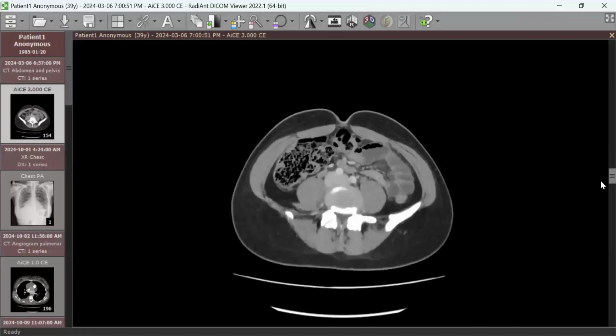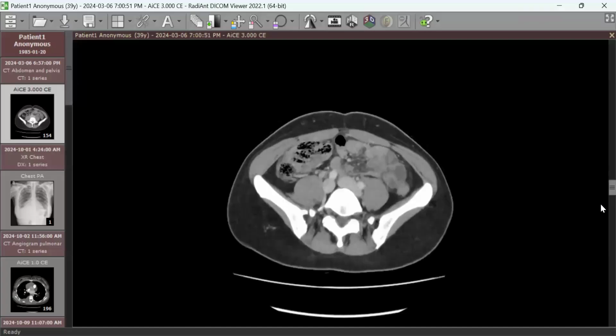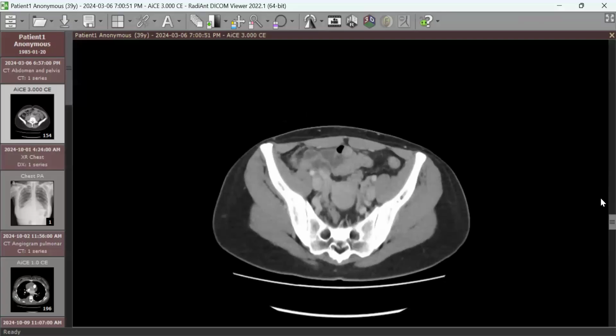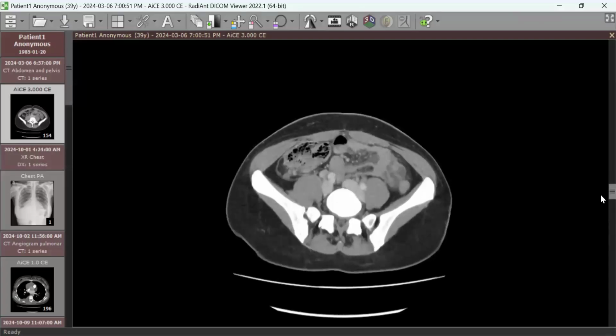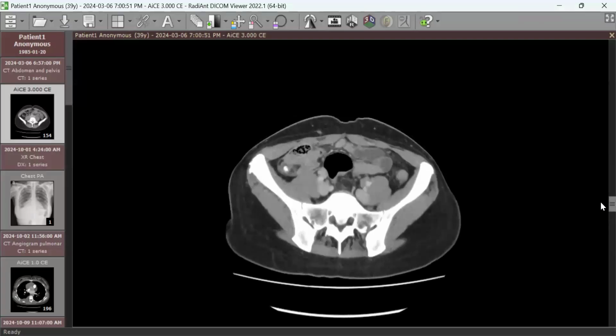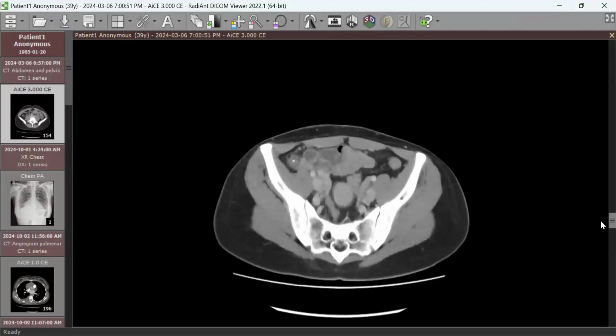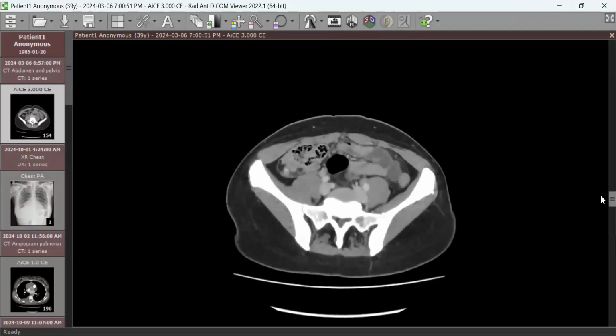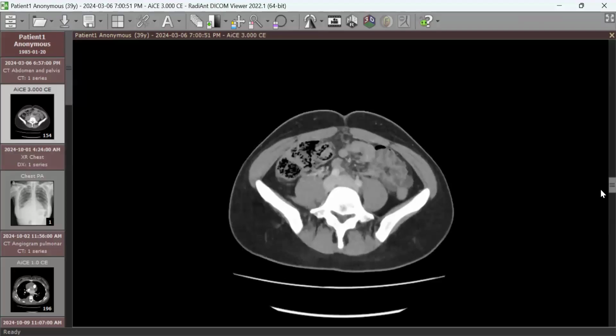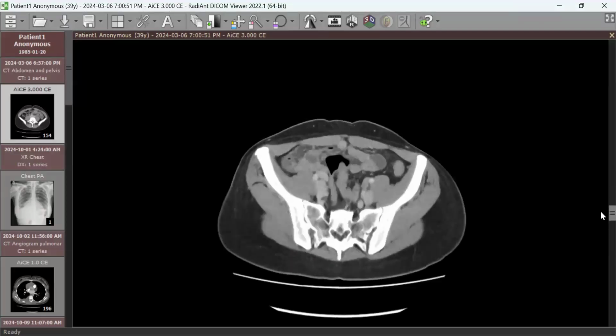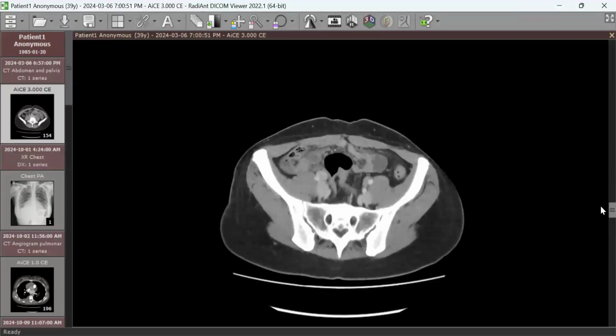Can I see the area again? Yeah. Yes, with a dilated tubular structure. So it is mostly appendicitis.